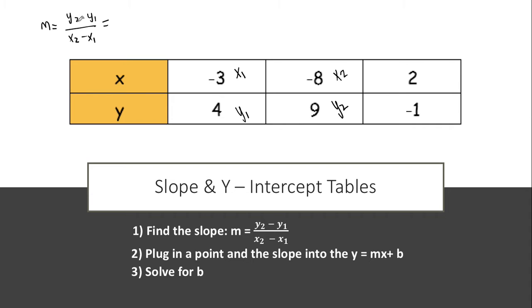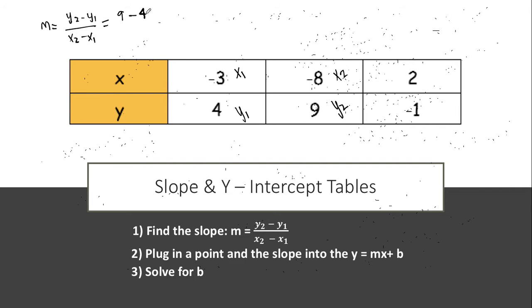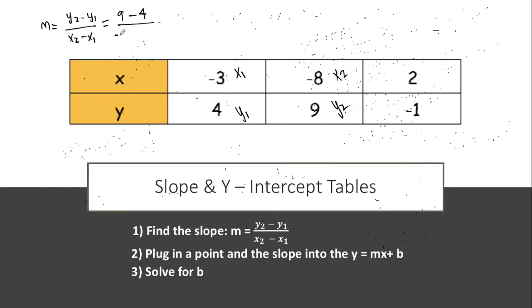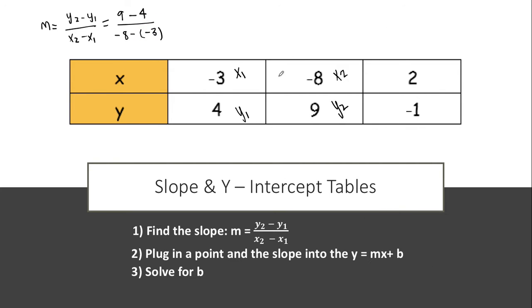So y2, what is my y2? 9. Minus y1. What's my y1? 4. So 9 minus 4 over negative 8 minus negative 3, x2 minus x1.